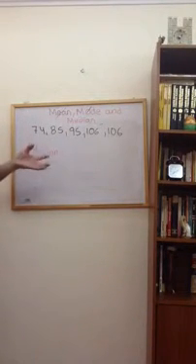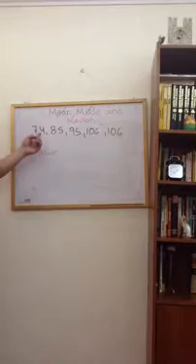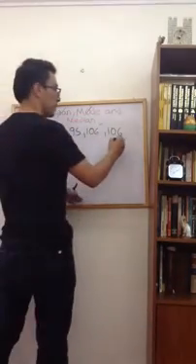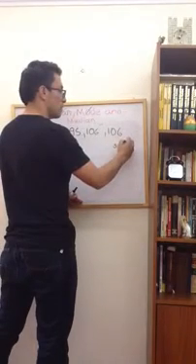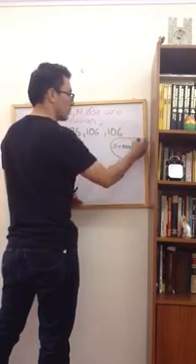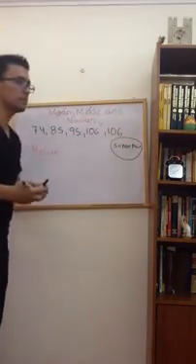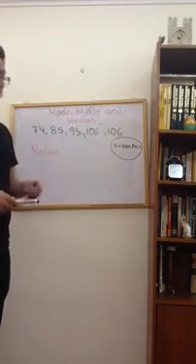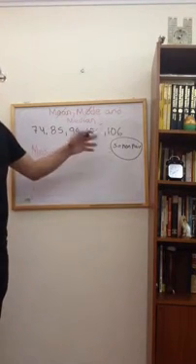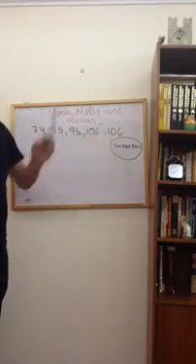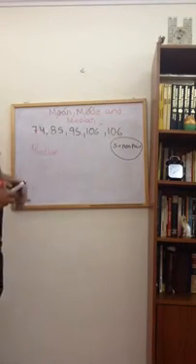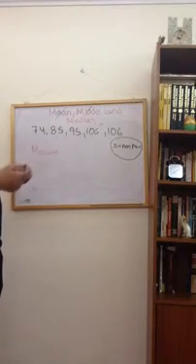But here it is not a problem because we have only 5 numbers, 1, 2, 3, 4, and 5, and as you know, 5 is non-pair. In Spanish it's called no es par.